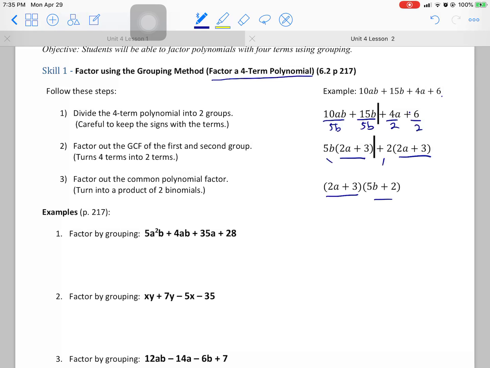So let's try another one. Here is a 4-term polynomial. It's divided in half. Quick check, by the way, there wasn't anything that came out first. This term is called a constant term because it does not have any variables next to it. These are variable terms. That's a constant term.